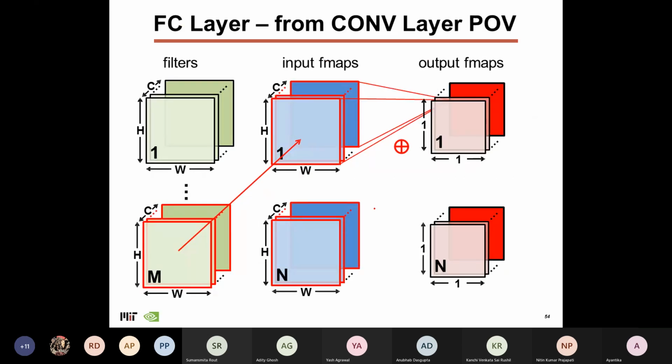Next comes the fully connected layer. Step by step we will discuss some recent architectures, and everywhere you can see the fully connected layer comes at the end.